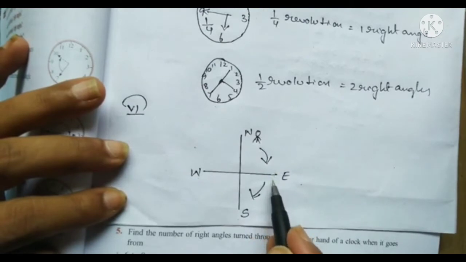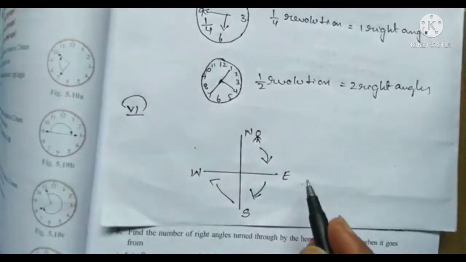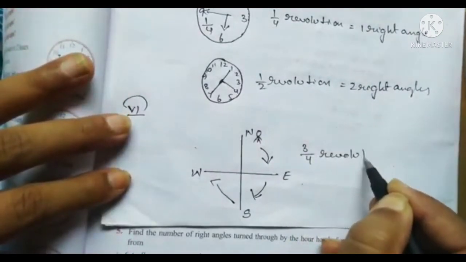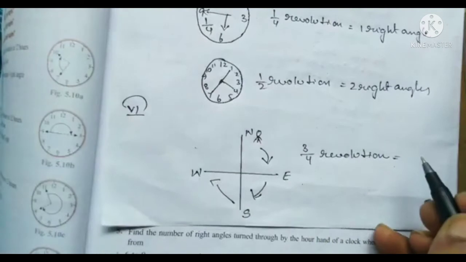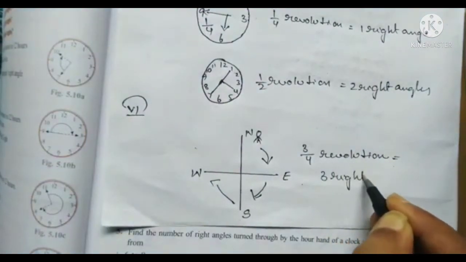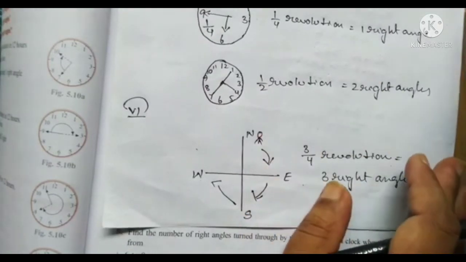One time east, another time south, another time west, means 3/4 revolution. 1/4 revolution equals 1 right angle, so 3/4 revolution equals 3 right angles. Do like this, exercise number 5b.